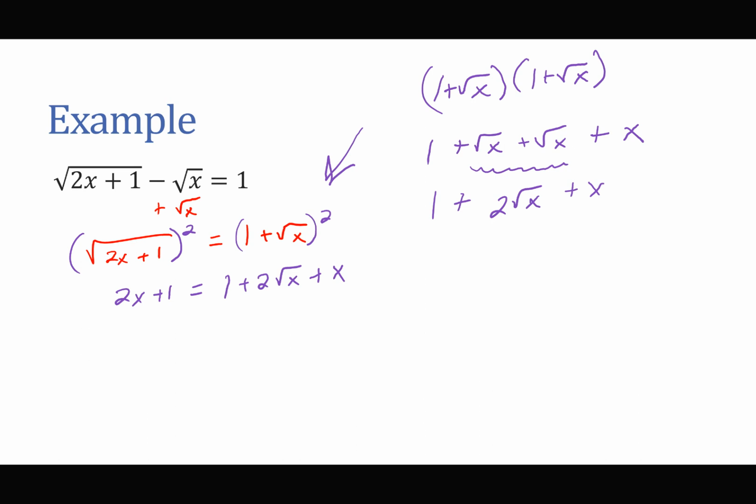Reset. I have a radical in my equation now that I want to solve. I need to isolate that radical on the right. All right, so I'm going to isolate that radical by subtracting x and subtracting 1. So subtract x, subtract 1. So now I have just x equals 2 square root of x.